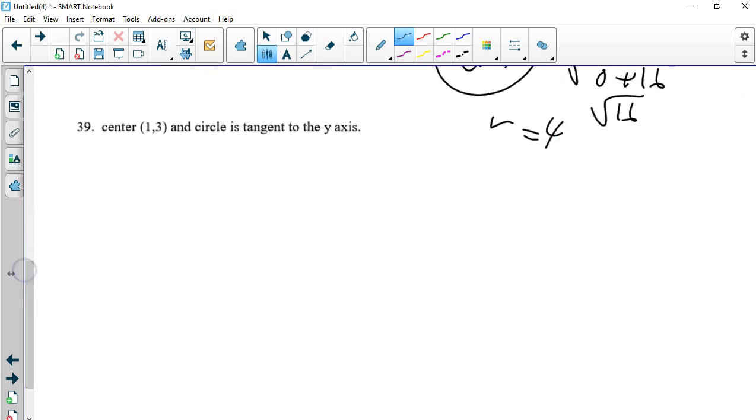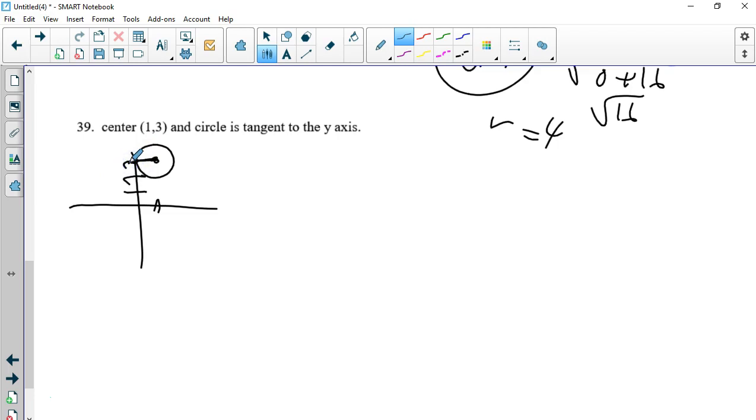Last but not least, the drawing will probably help with this. We have a circle with a center at 1, 3, right there. And it's tangent to the y-axis. Well, tangent means it's just touching the outside of the circle, which means right here.